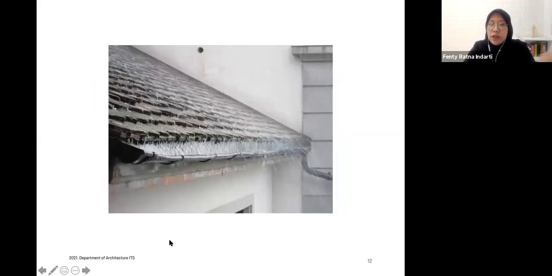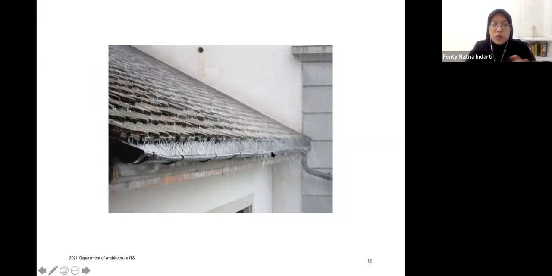But you can also create something like a gutter like this so that you can manage the rainwater from the roof so that it can be collected into a pond or any other storage that collects the rainwater. So this is why we think about gutters as well when designing a roof. But in your assignment, you haven't found any gutter yet.